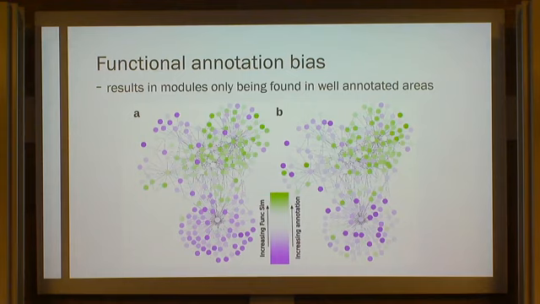And this is a fairly obvious statement, but it turned out that if you look in the literature of people doing this, that's exactly what we've been doing, repeatedly. And of course, then we say we're doing very well, because everything that we find is very well annotated, and we can say it was a very good thing to find. So it looks great. The problem is that it doesn't tell me anything about, say, this purple area down the bottom. I just don't know anything. So it kind of defeats the object of attempting to do this in the first place.